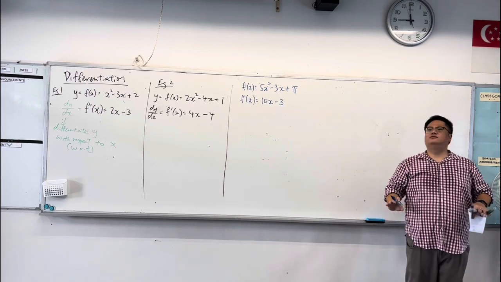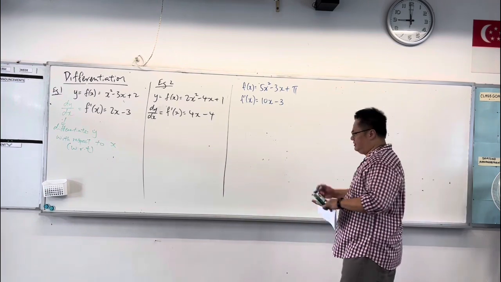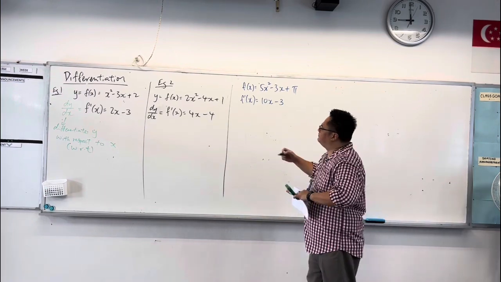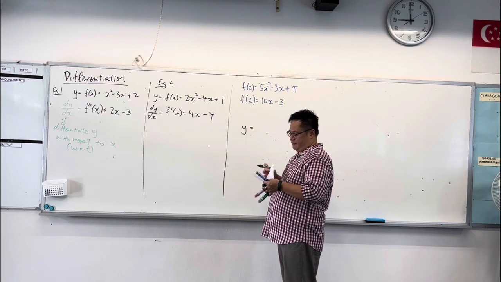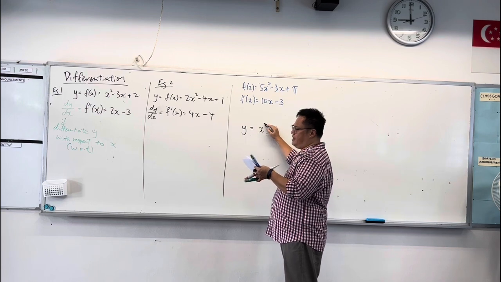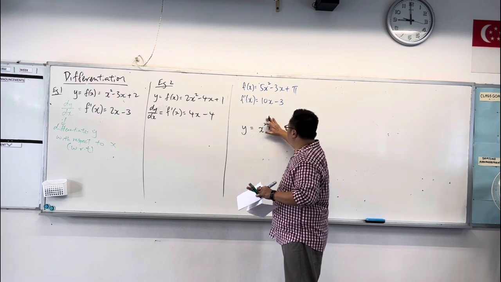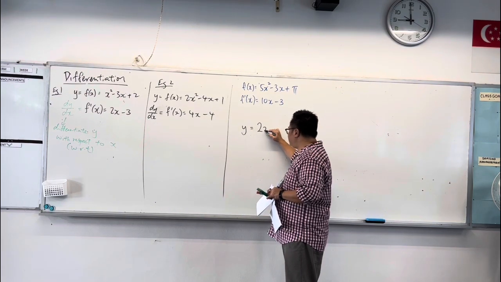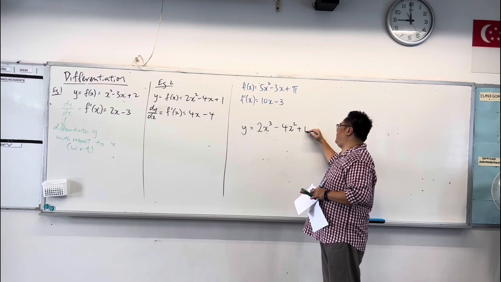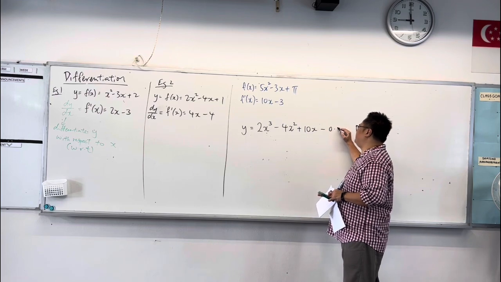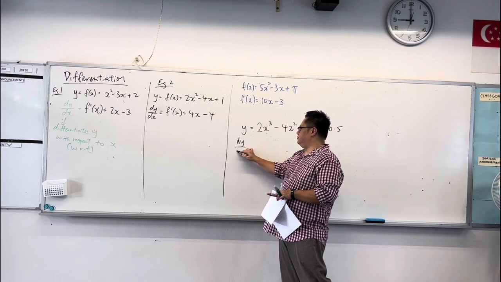Oh, Mister, how do you do that? Are you a prophet? No, I'm not a prophet. Alright, another one. If y equals 2x cubed minus 4x squared plus 10x minus 0.5, what is my f prime x or dy/dx equal to?